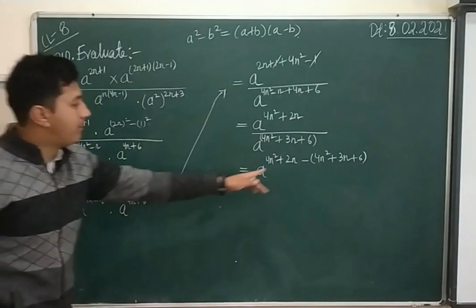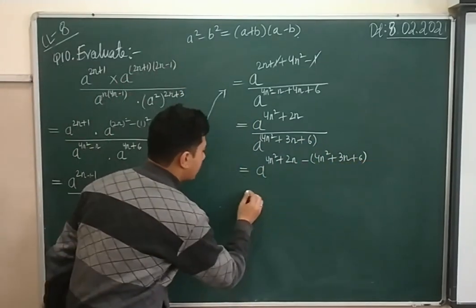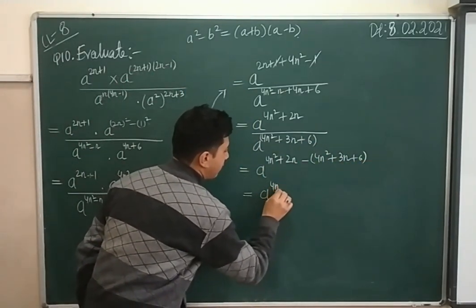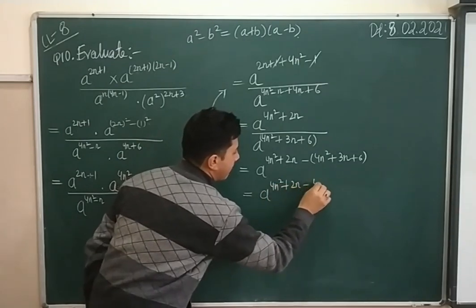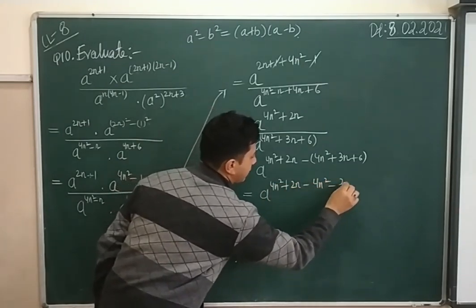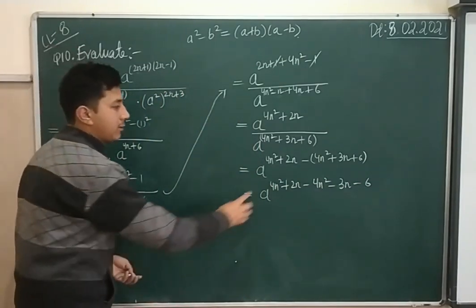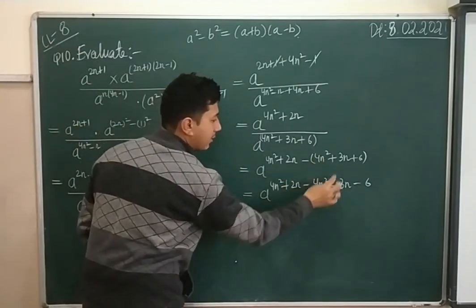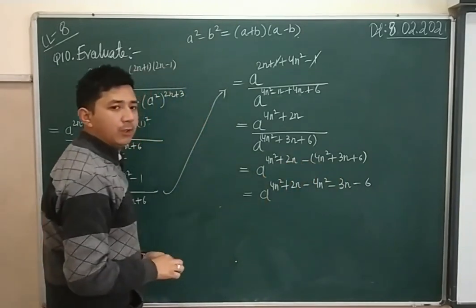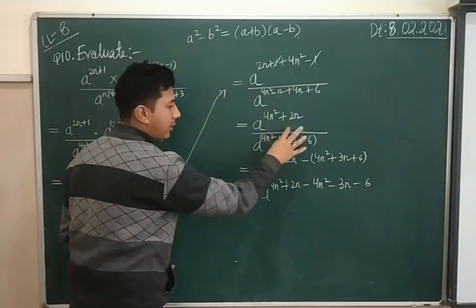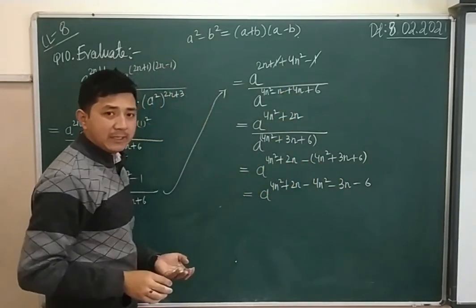Okay, so now open the bracket with the minus sign. So a to the power 4n square plus 2n minus 4n square minus 3n minus 6. Alright. We're just multiplying minus and plus minus, from here to here, from here to here. I hope you're getting this.